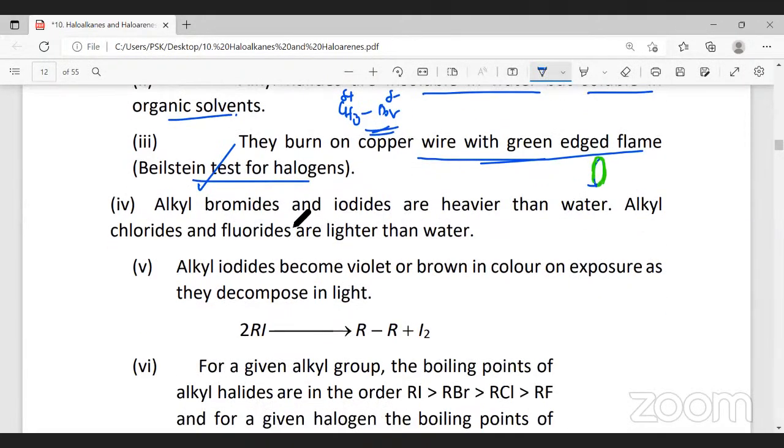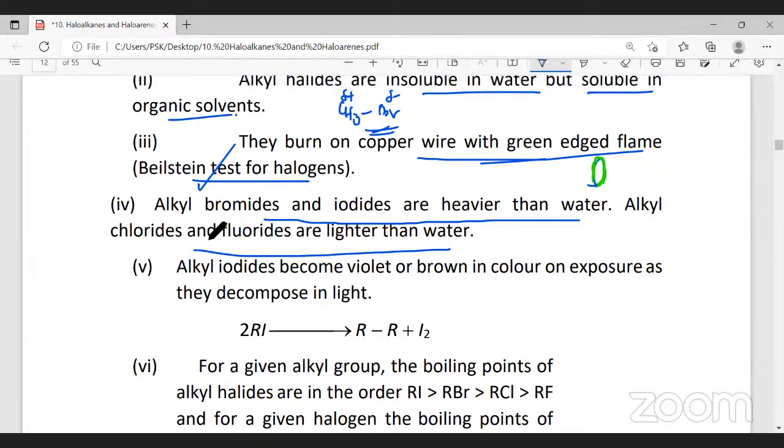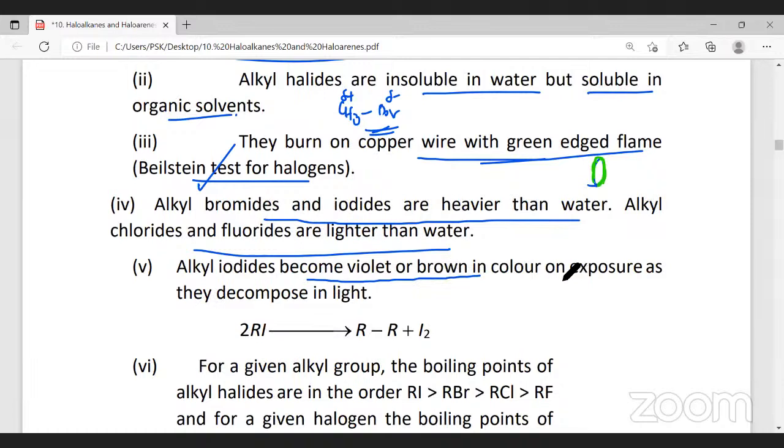Next, alkyl bromides and alkyl iodides are heavier than water. Alkyl chlorides and alkyl fluorides are lighter than water. Bromine and iodine have larger atomic mass, therefore alkyl bromides and alkyl iodides are heavier than water. Now, alkyl halides become violet or brown in color on exposure as they decompose in light.